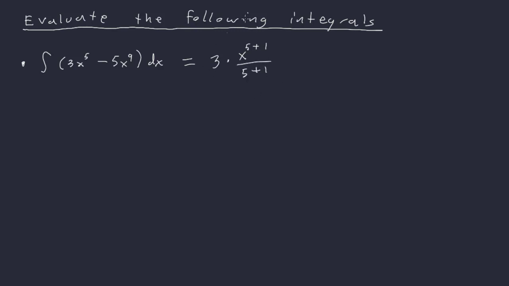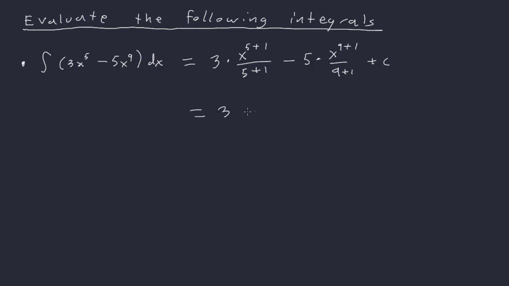Now eventually I'm going to jump to what these things are, but for right now we can afford to be a little more deliberate here. It'll be minus 5 comes along for the ride, and then the power rule for integration for x to the 9th will be x to the 9 plus 1 all over 9 plus 1, then our plus c.